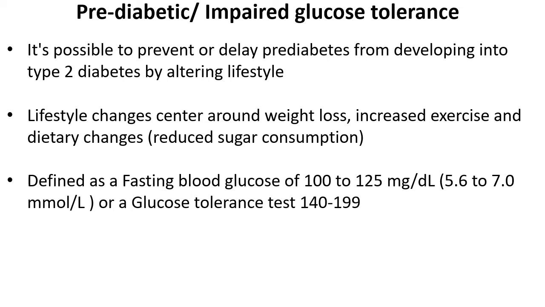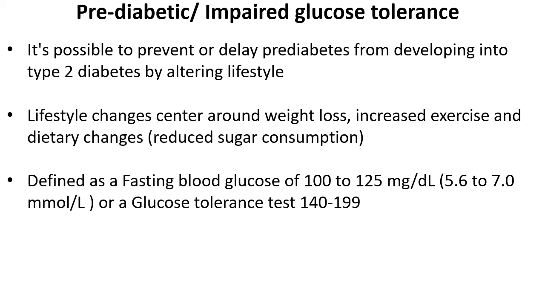Okay? So when we're talking about pre-diabetic or impaired glucose tolerance, we're really talking about fasting sugars between 100 and 125. Okay? Or when someone goes for what's called a glucose tolerance test, meaning we get you to drink lots of sugar in an orange soda at the lab, and we test your glucose in your blood after you've had the sugary drink.